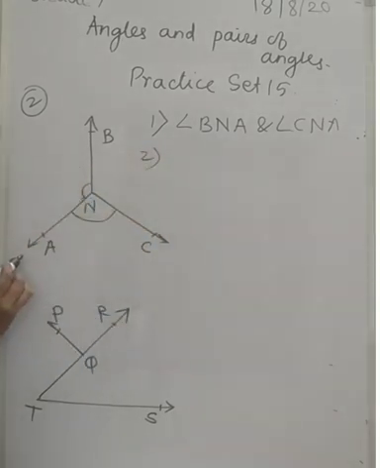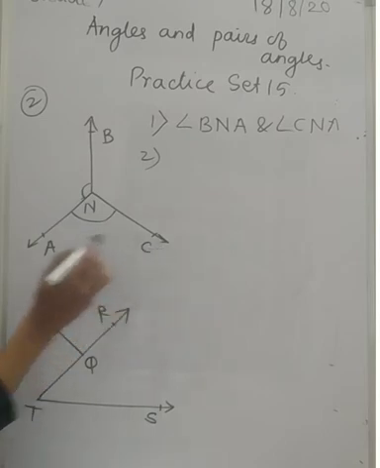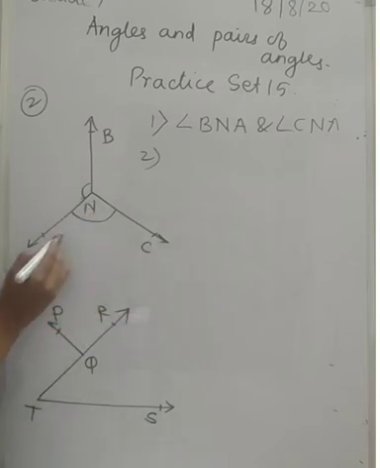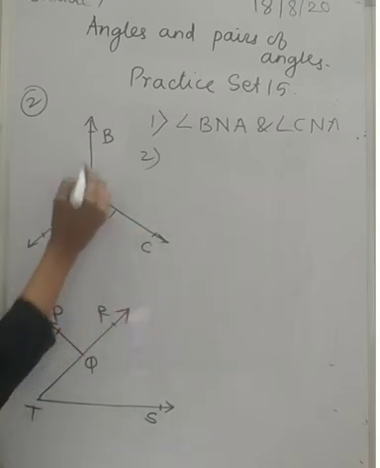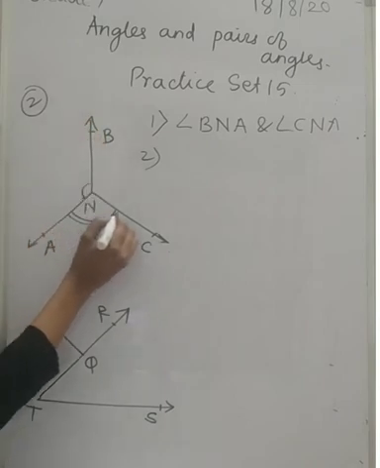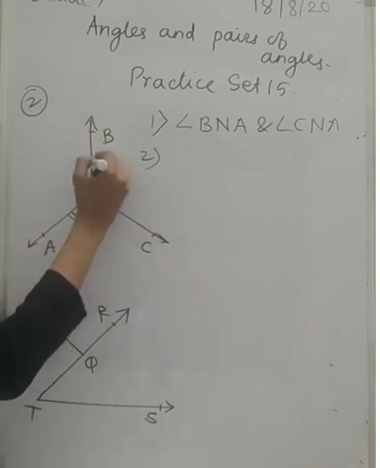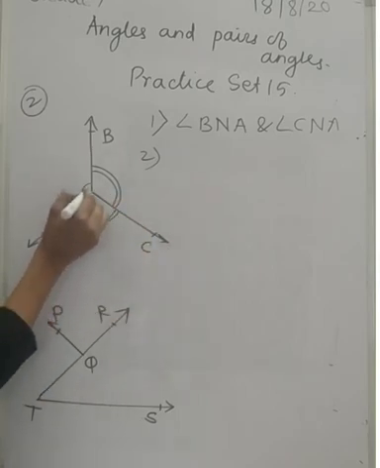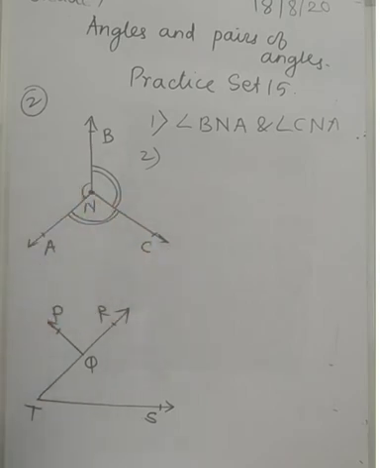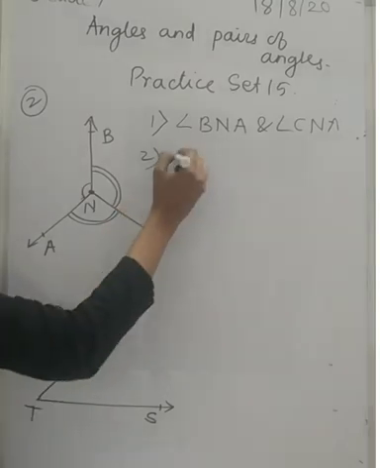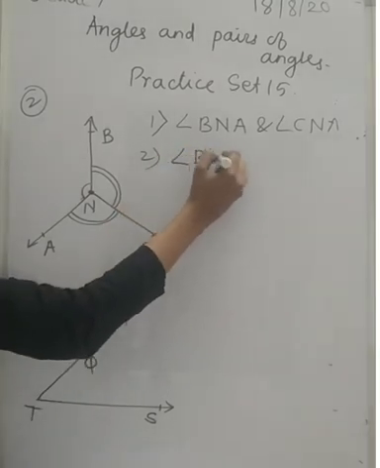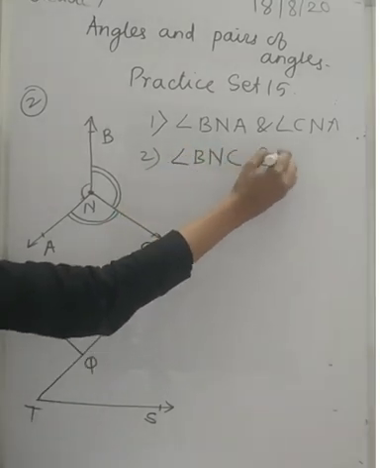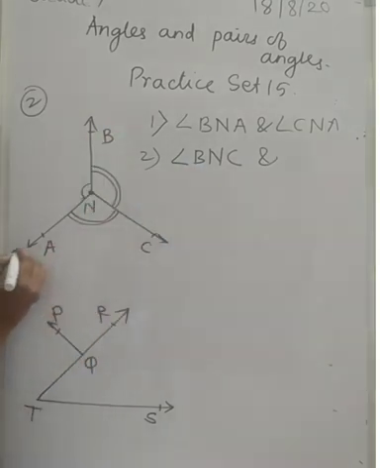Now this angle ANC, or angle CNA, and CNB are also adjacent. See these two. They have this side as common, separate interiors and the endpoint as the common vertex. So angle BNC and angle ANC.